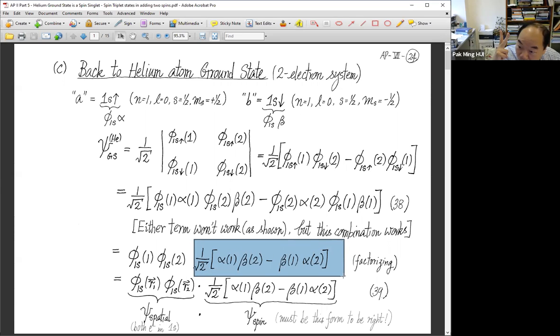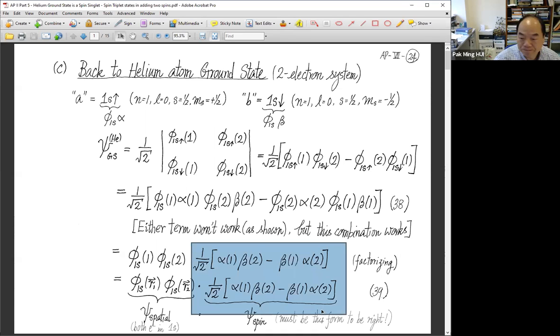We have two electrons, both spin half, therefore that must be a two-spin wave function, okay? So remember, electron has spin half. We are adding spin half to spin half, angular momentum. We learned how to do it, at least we know the rule.